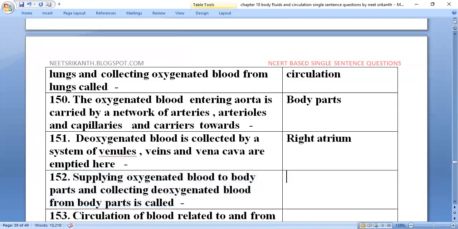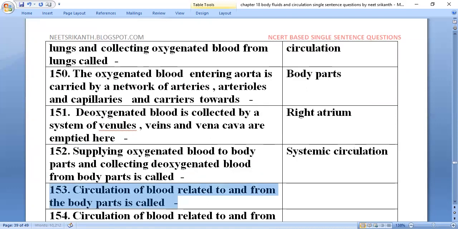Supplying oxygenated blood to the body parts and collecting blood from the body parts is called systemic circulation.